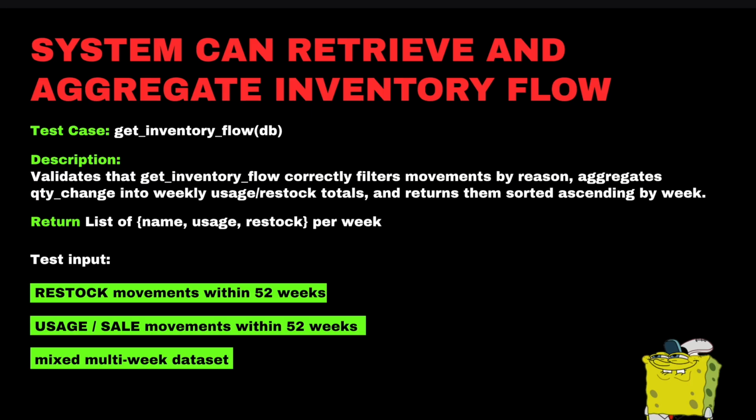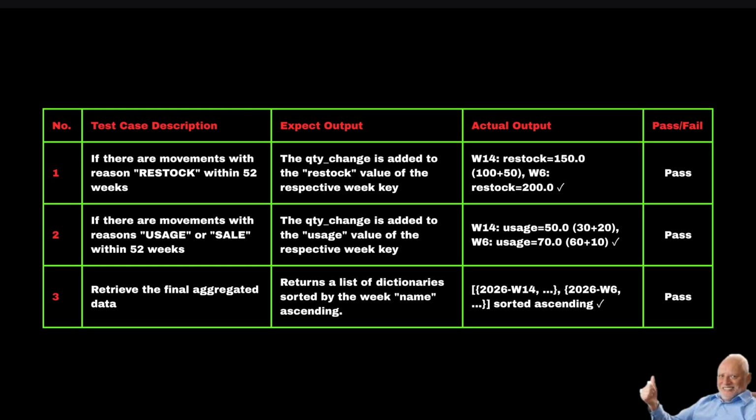The second test case is get inventory flow. The function retrieves 52 weeks of stock movements and groups them into weekly usage and restock totals. We tested 3 inputs: restock-only movement, usage and sales movement, and a mixed multi-week dataset. For the restock case, 2 entries of 150 in week 14 should total 150 in the restock bucket.